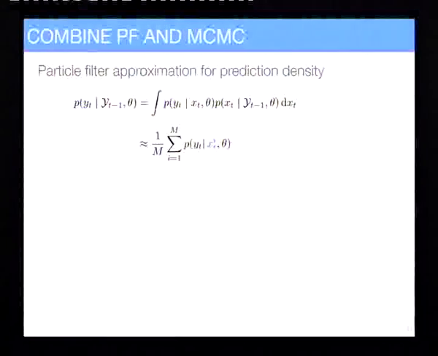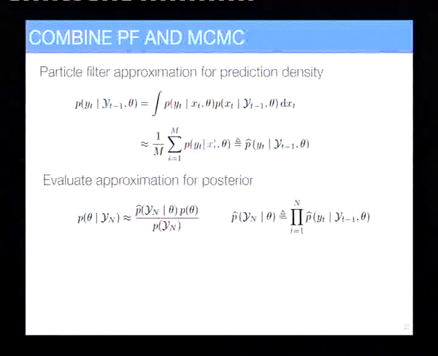So if I just take those random draws, plug them into my measurement probability equation and take the sample average, I'll have a Monte Carlo approximation to this integral, and hence to this prediction density. I can use this approximation, which I'm going to call p hat, to now compute the likelihood just by producting them all up together, and then the posterior mean that I need to evaluate just by normalising, multiplying by whatever prior that I have.